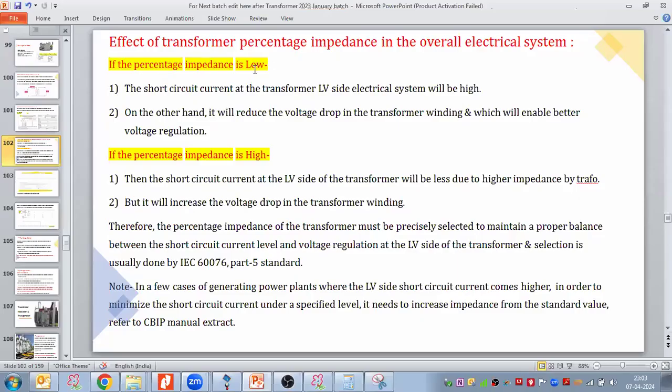If the percentage impedance is low, the short circuit current at the transformer LV side of the electrical system will be high.